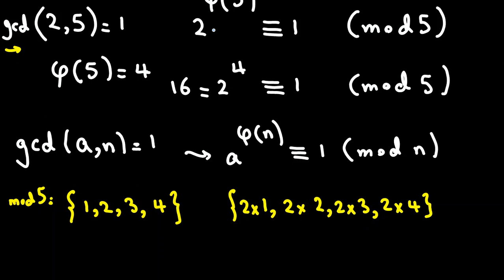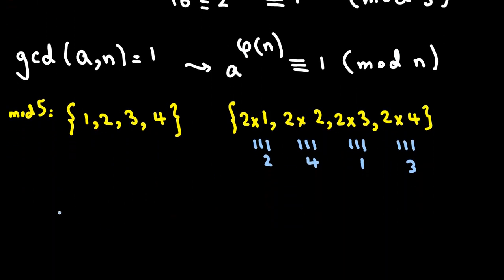And we can check, if we check remainder of each of them when divided by 5, it will be 2 mod 5, 4 mod 5, 6 is what mod 5, 1, because you can subtract 5, 8 is what, 3. So look, it is exactly 1, 2, 3, 4, here 2, 4, 1, 3, same permutation.